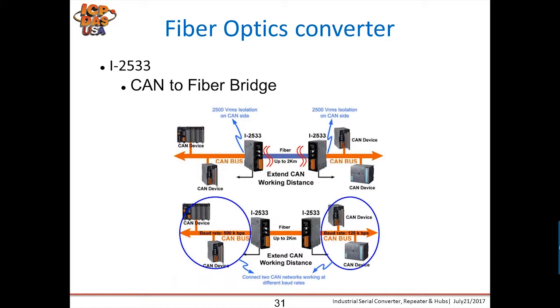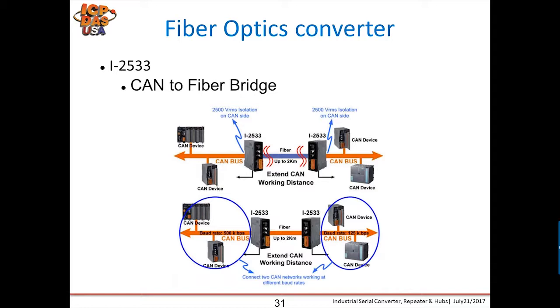The differences between 2532 and 2533 is the CAN configuration functions and the distance limitation of CAN communication. The 2533 offers a function to configure CAN bus rate and CAN message filters. These are useful when using 2533 to link two CAN networks, which may have different bus rate.